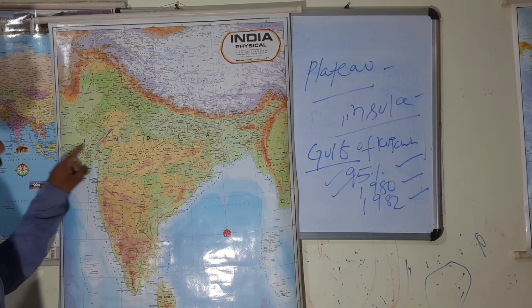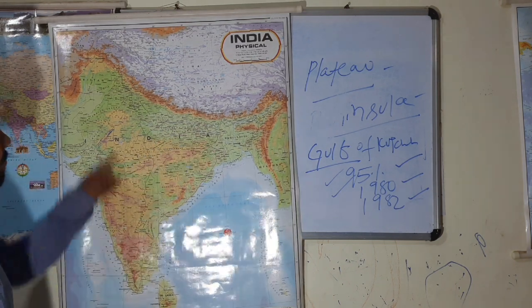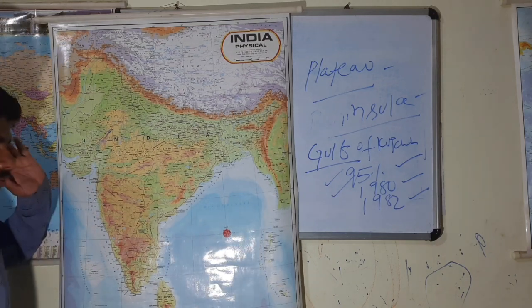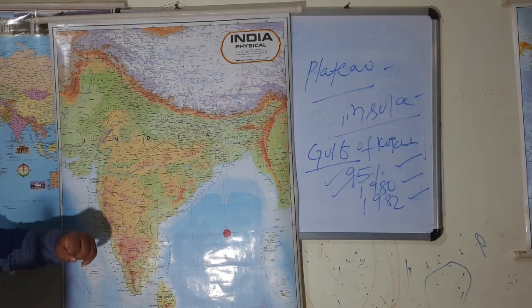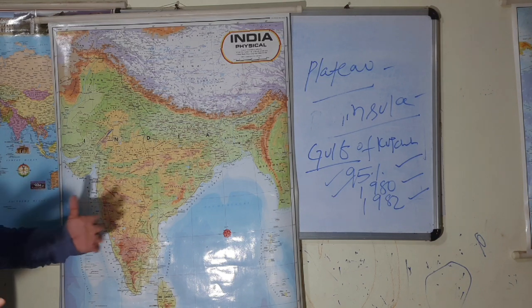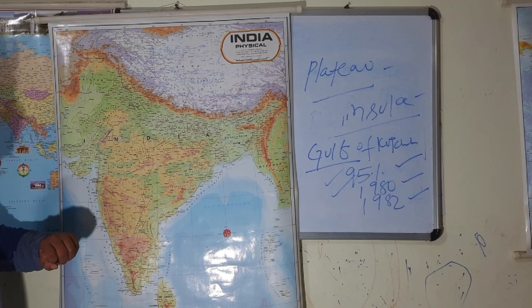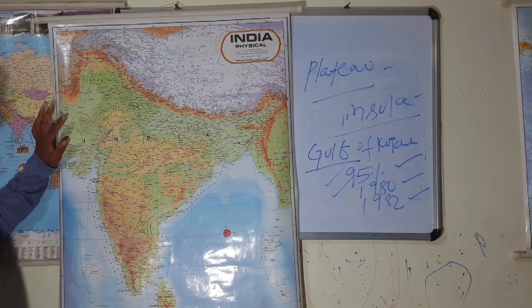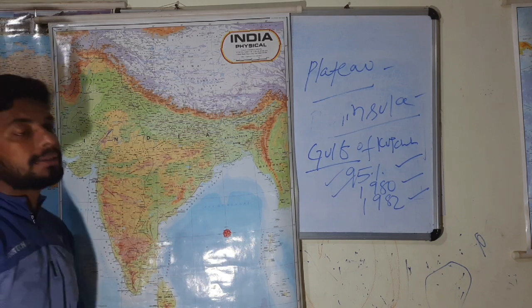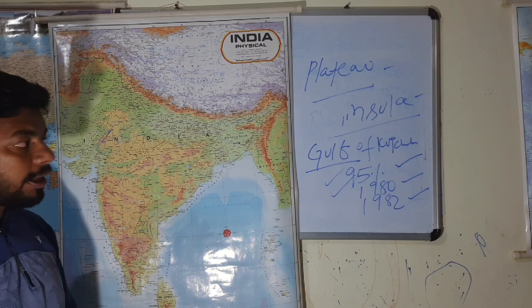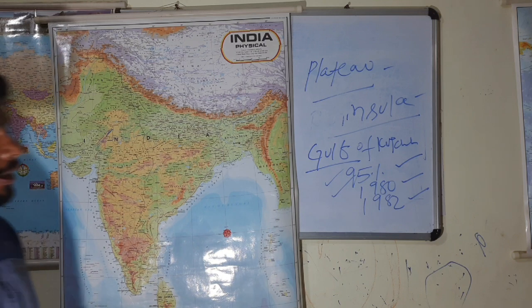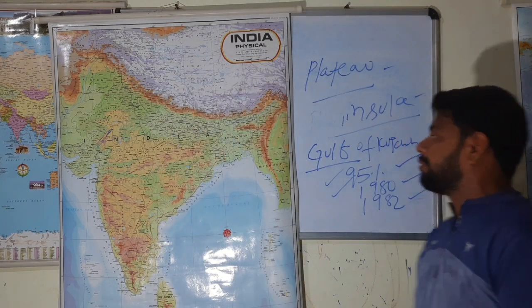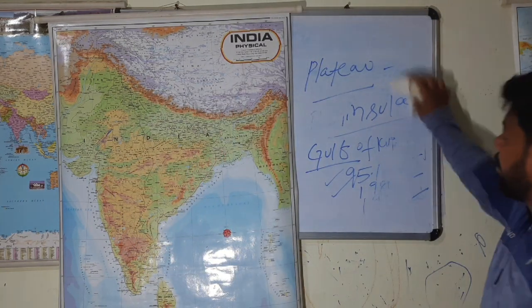The plateaus located in the peninsular regions of our country are called peninsular plateaus. Peninsular plateaus may be classified broadly into three categories.